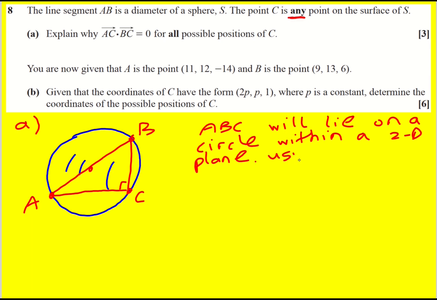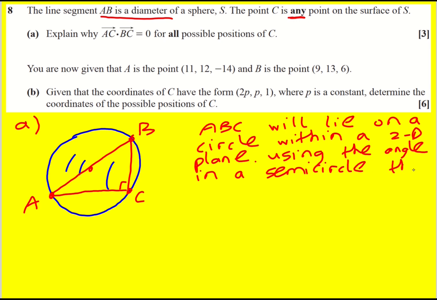And using the angle in a semicircle theorem, because we know that AB is the diameter, angle ACB must equal 90 degrees. And it follows, therefore, that AC dotted with BC equals 0.